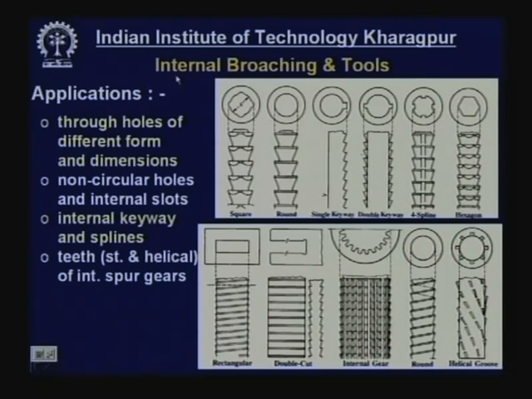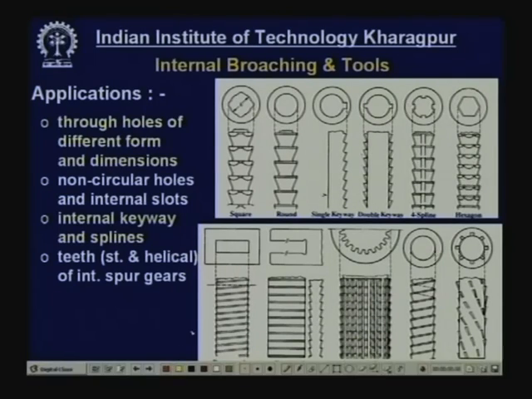See some examples: internal broaching and the corresponding tools. Now, first the applications of internal broaching. What do you mean by internal broaching? Suppose this is a ring, inside which there was a circular hole, initially very rough and inaccurate.